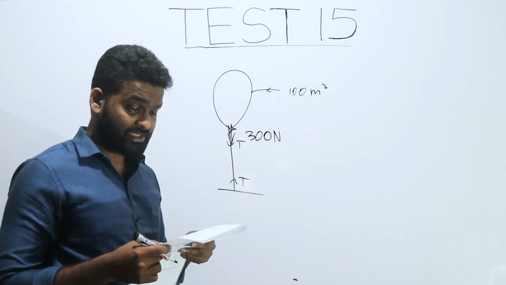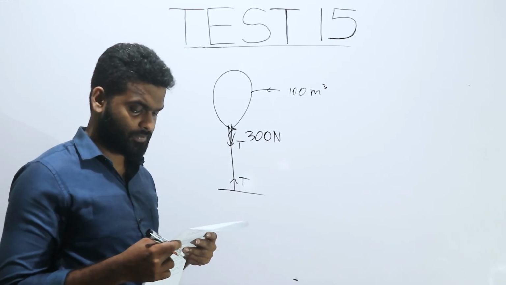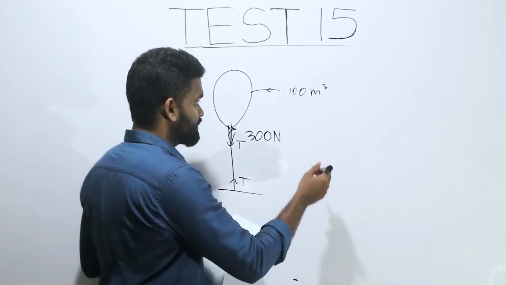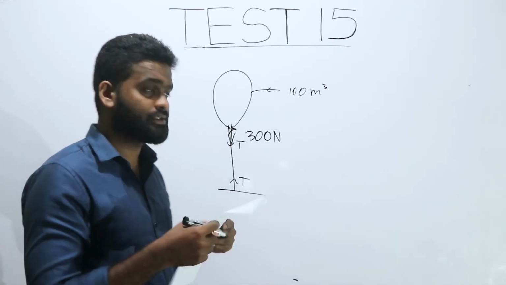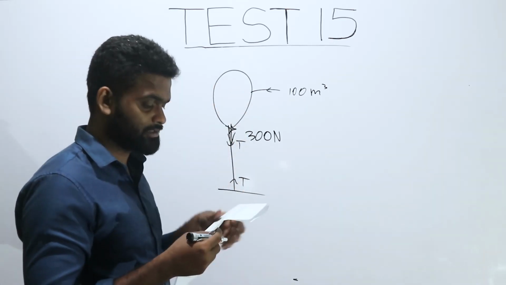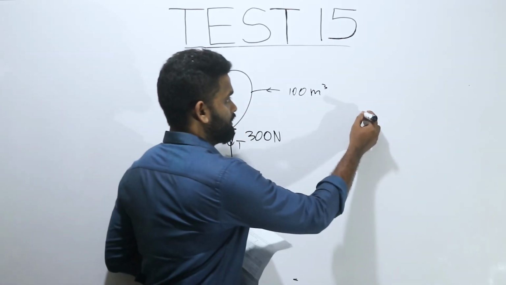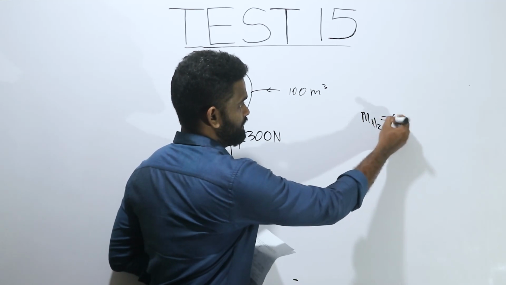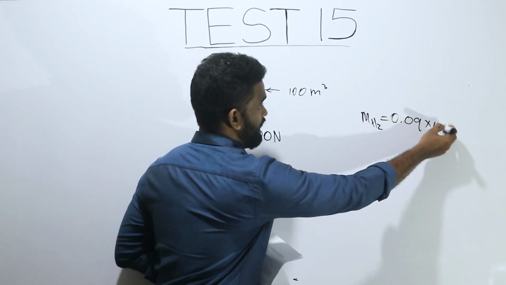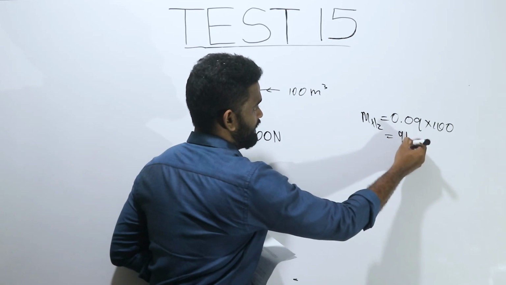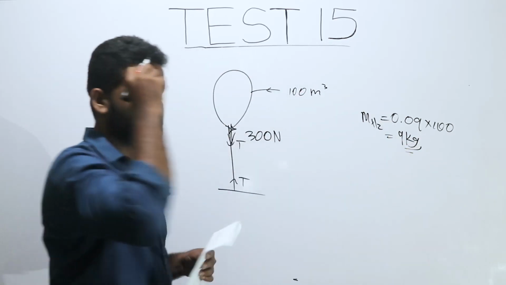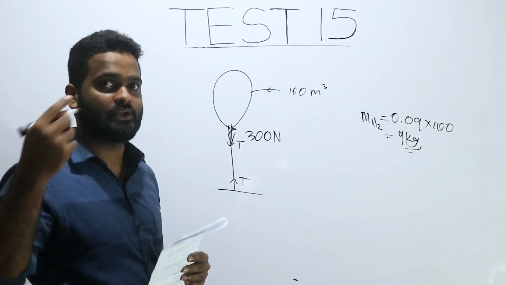They have given the density of hydrogen, so you can find the mass of hydrogen inside the balloon. Just multiply 0.09 times 100. So there is 9 kilograms of hydrogen as well inside the balloon.